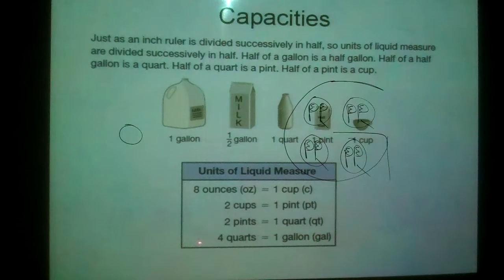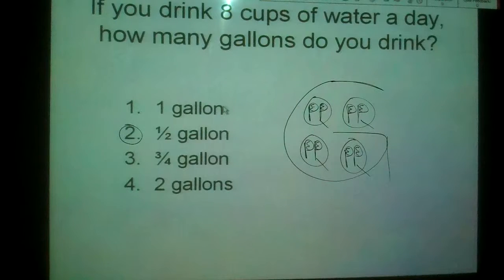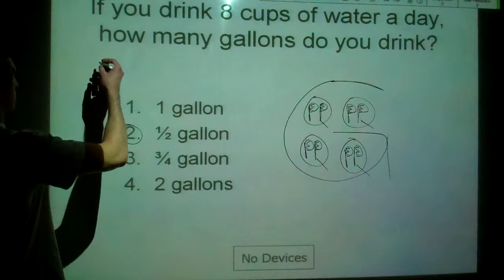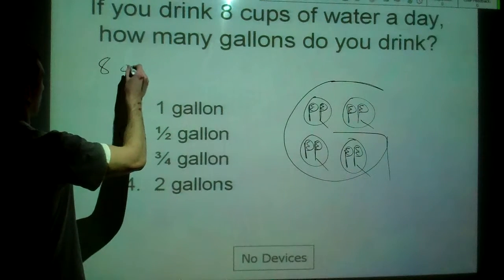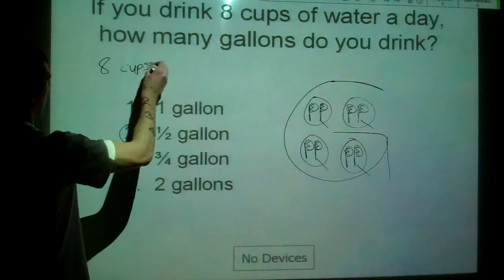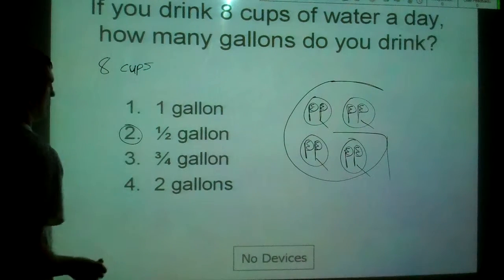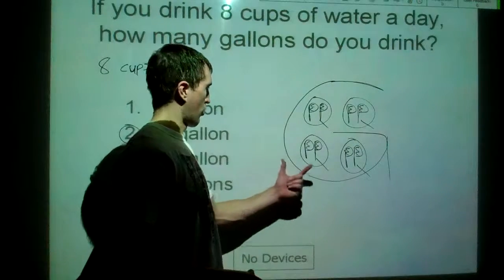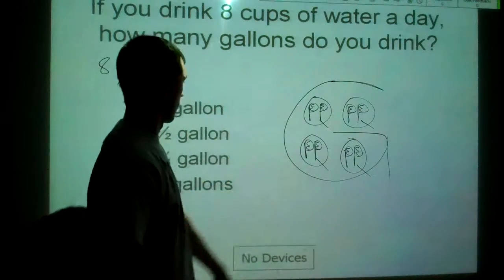We could also have used this. 1 gallon is 4 quarts, and then 2 cups is 1 pint, and then we have 8 cups of water a day. So we've got 8 cups. And I know that in a quarter of a gallon, we've got 4 cups.